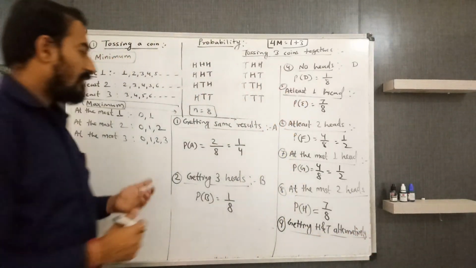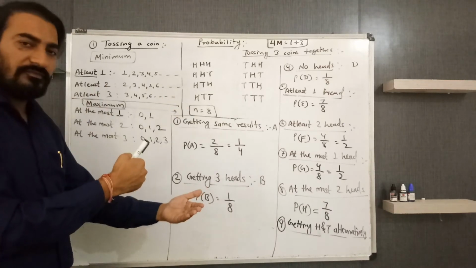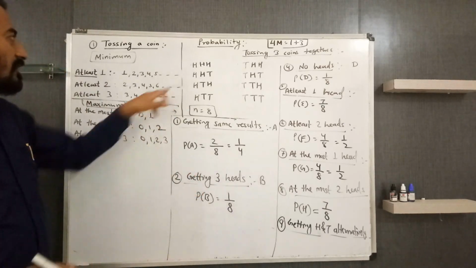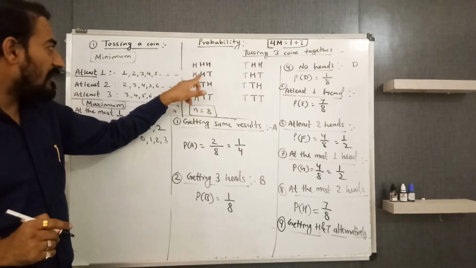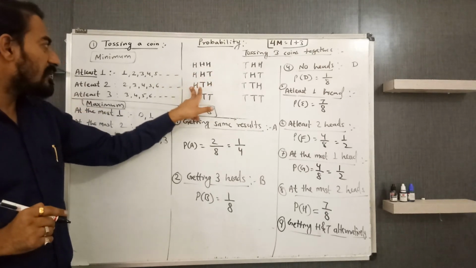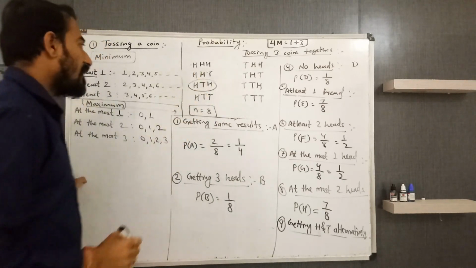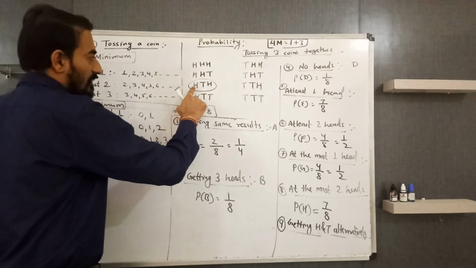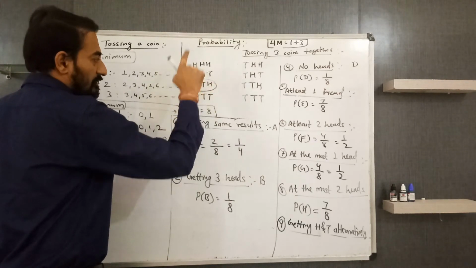Alternatively means if the first one is head, then the second should be tail, then again head. That is alternating. Continuously getting head, head, no. Head, tail, head, it can be taken. See, here we have alternate. First head, then next tail, then again head.